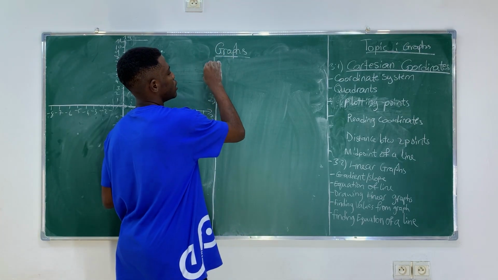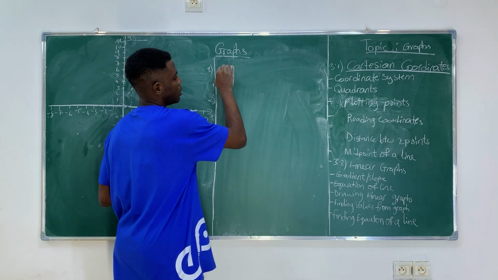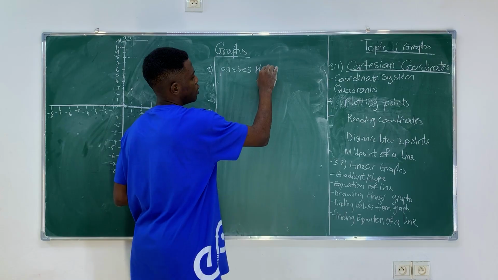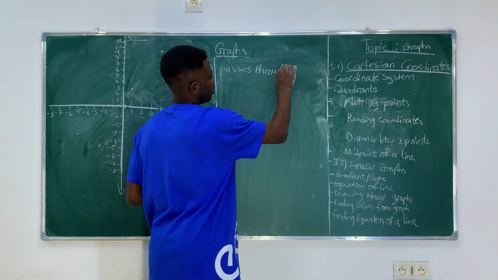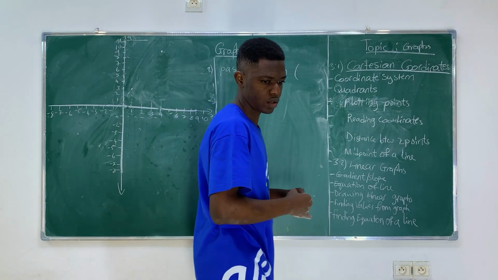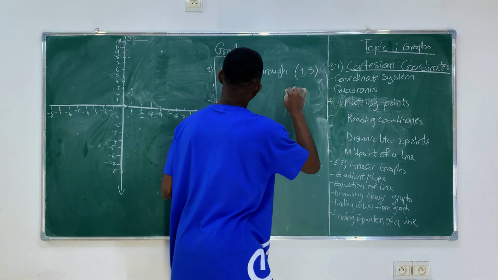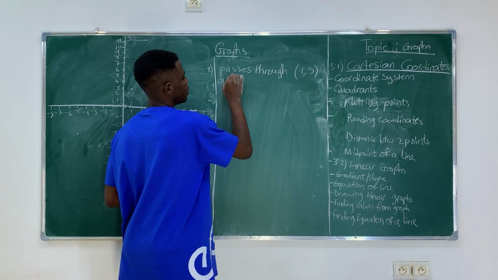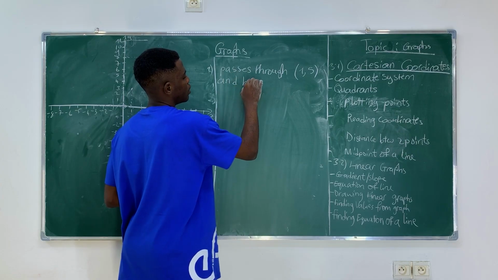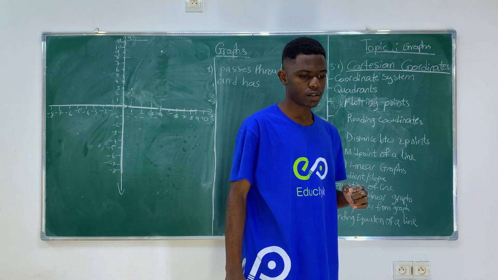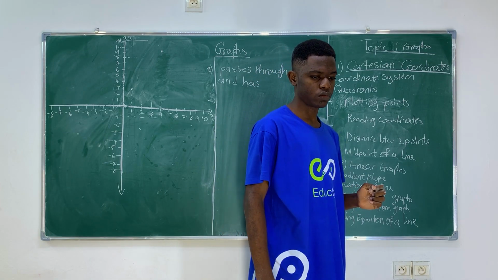Example 2 says a line passes through 1, 5 and has gradient 2.